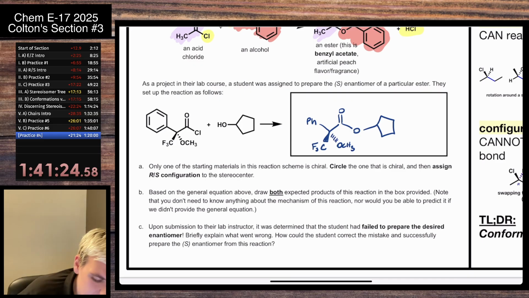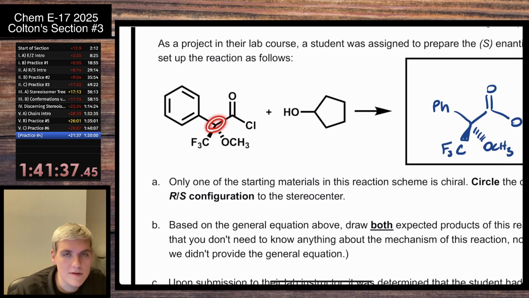Now part A says only one of the starting molecules is chiral. Circle the one that's chiral, then assign its RS configuration. Well, these both look like stereocenters, right? But in fact, only this one is chiral.